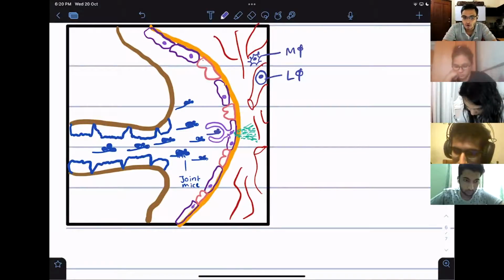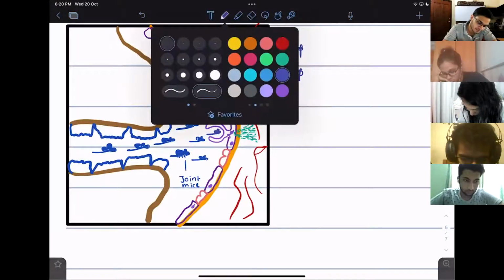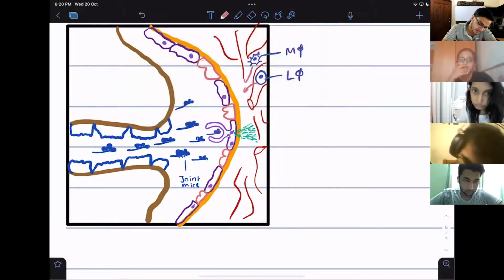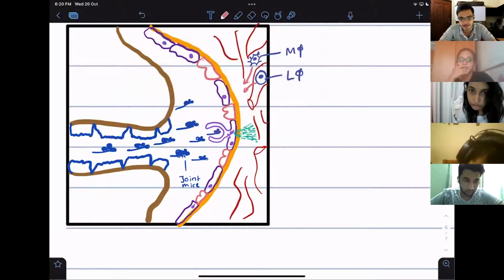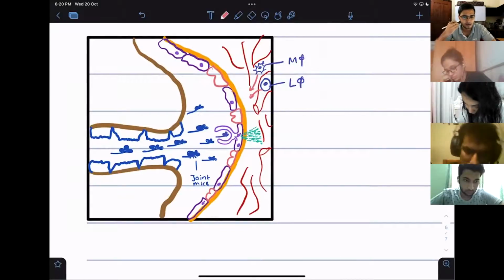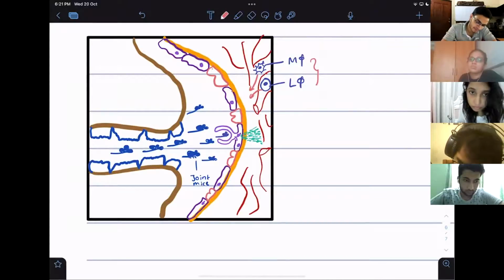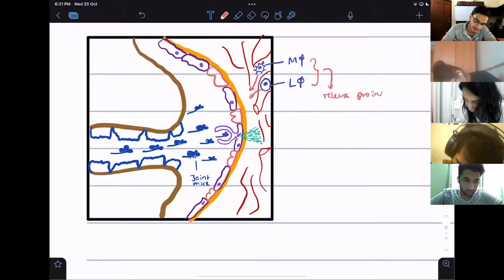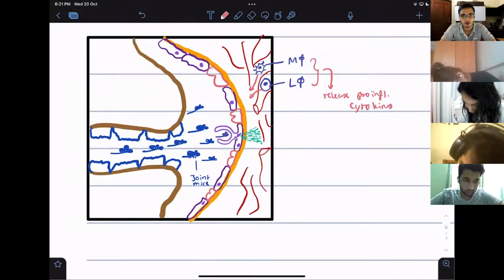Now, when immune mediated cells are infiltrating spaces like this, what do we generally call it? There are inflammatory changes, because when these cells are called to this area, they release pro-inflammatory cytokines. So what is going to happen?